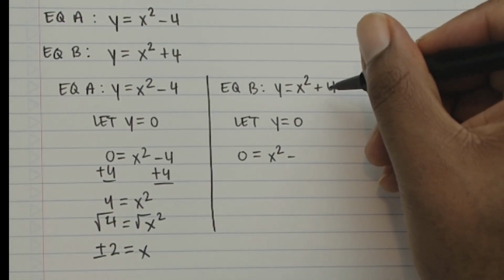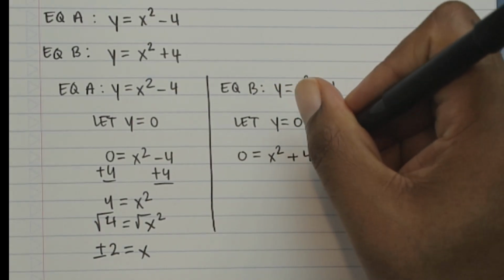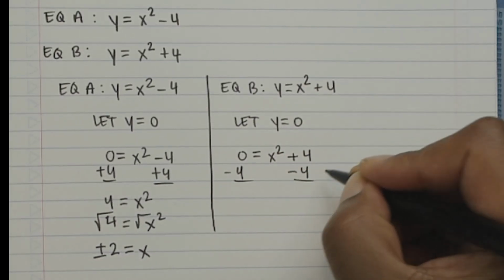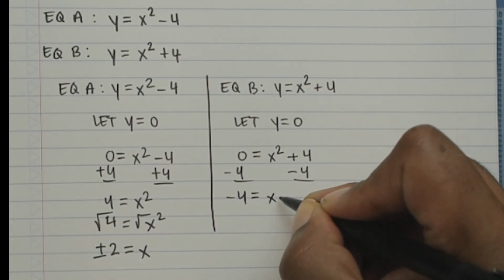I made a common error right here, so that's actually addition. So plus 4. Subtract 4 from both sides. We have negative 4 equals x squared.